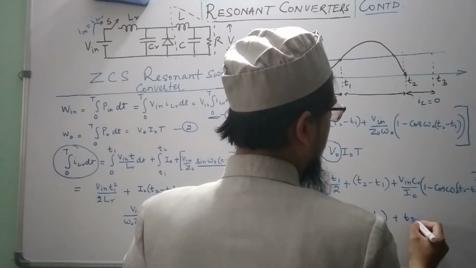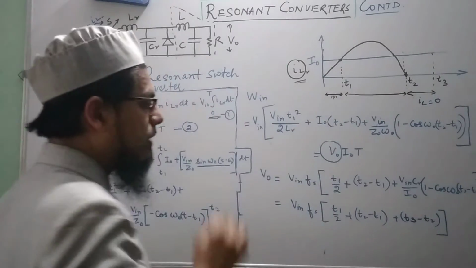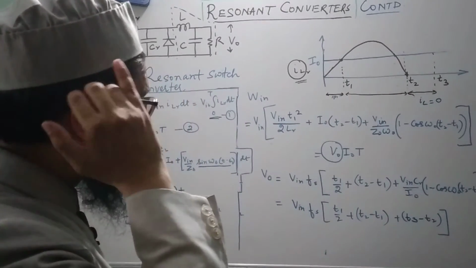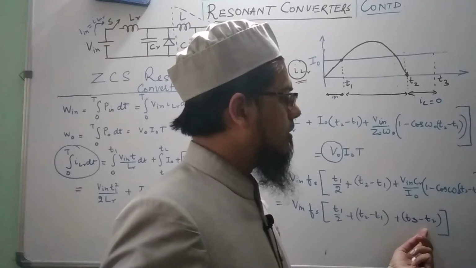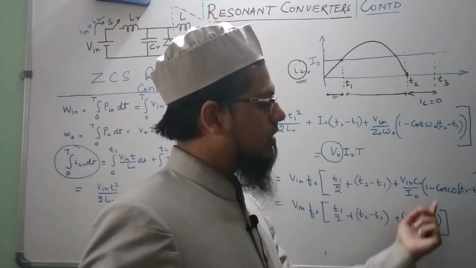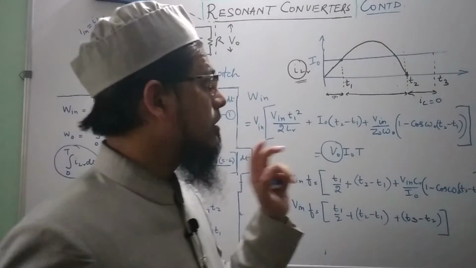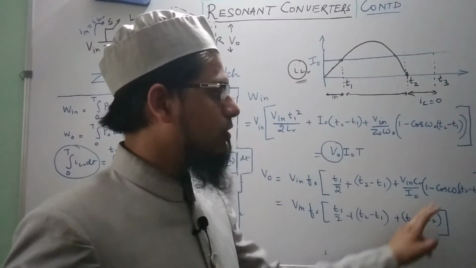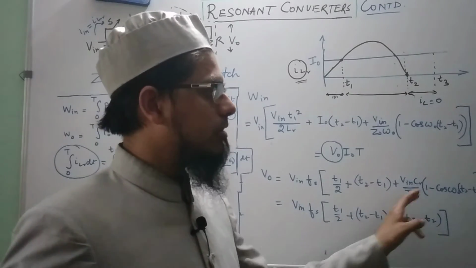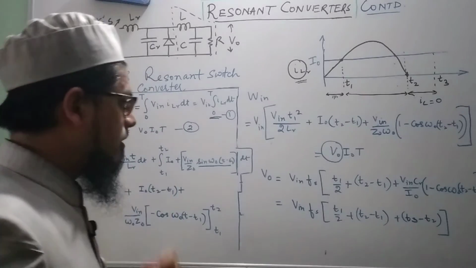So that is T3 minus T2. Okay. So you can obtain this from this. Just see the relation that I obtained in case of mode 3, and you can easily obtain this relation. Basically you have to see the capacitor voltage and all those things.